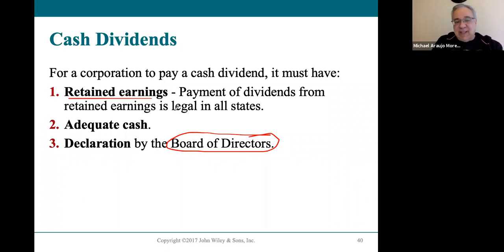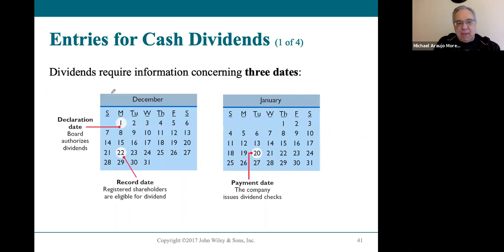Matter of fact, it's illegal in some states, if not all states, to declare a dividend without any earnings. So retained earnings has to be there, so they have to have profits. And they have to have enough cash to pay because they're promising the owners a cash dividend. So they have to have the cash to keep that promise. So those things have to be met before a cash dividend can be paid.